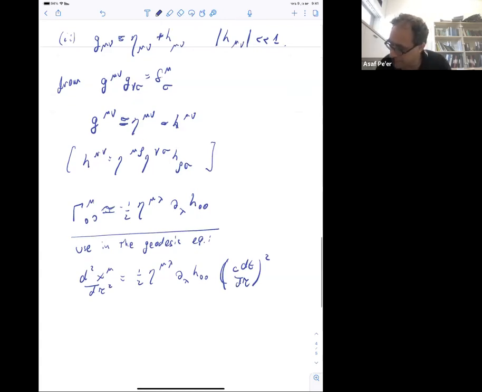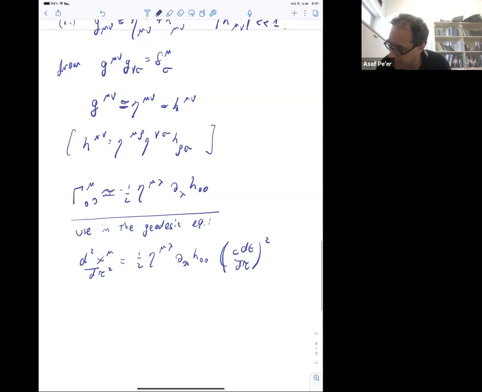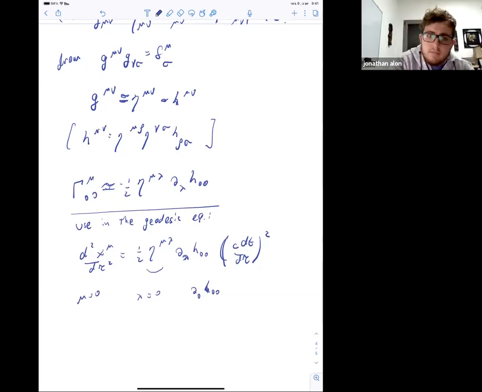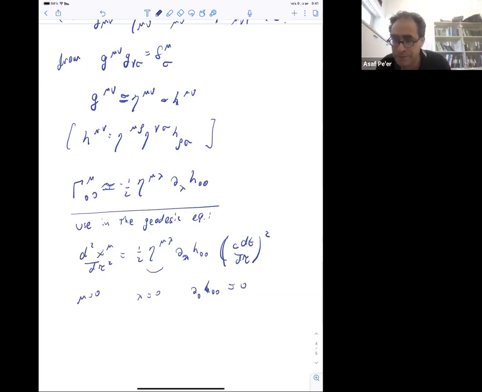Let's see, if I take the 0th term, so if mu is equal to 0, the only non-zero term from here would be lambda equal to 0, because everything else will go to 0 by the eta. And what is d0 h 0 0? It's 0, because the metric is stationary. It's not depending on the time.